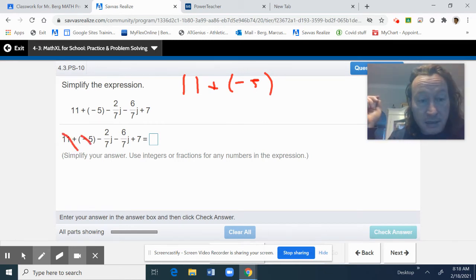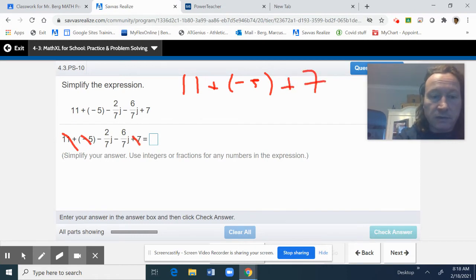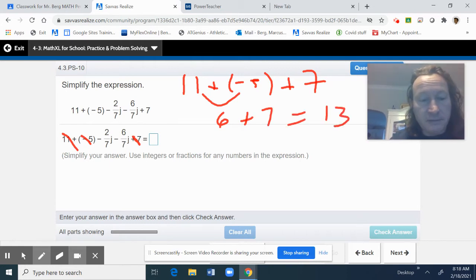The next one has a J too, but I'm going to wait on the negative 2 over 7J. I'm going to wait on the negative 6 over 7J, and then I do plus 5, plus 7. So all the numbers: 11 minus 5, or plus negative 5, would be 6. This becomes 6 plus 7. So my numbers part would be 13.